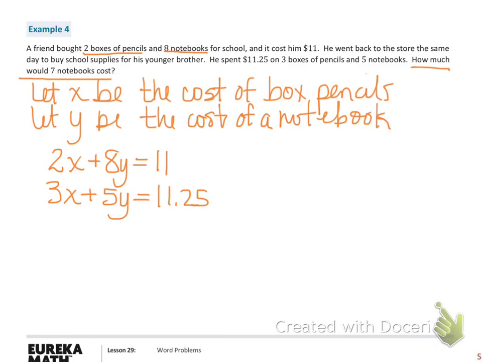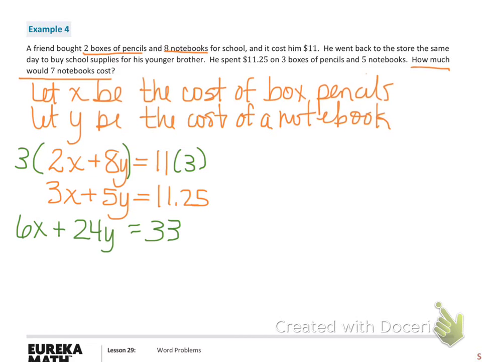So I'm going to multiply this first equation, both sides, by 3. And I'll have 6x plus 24y is equal to 33. And then I'll take this one here and multiply both sides by -2.